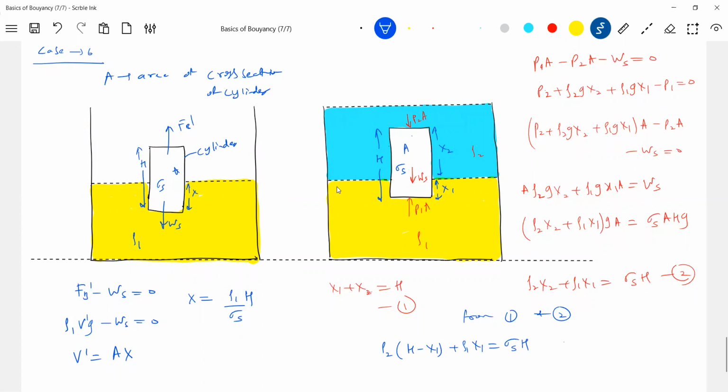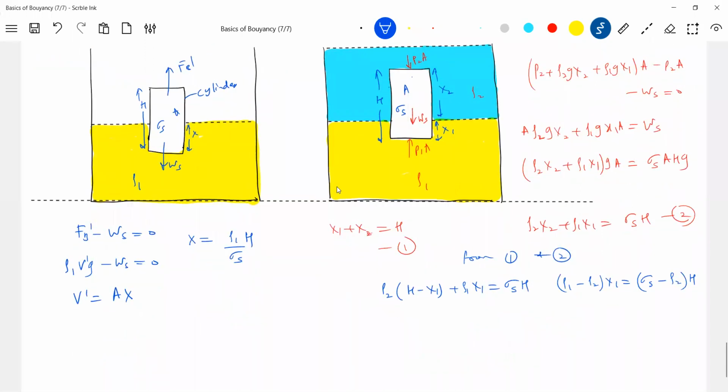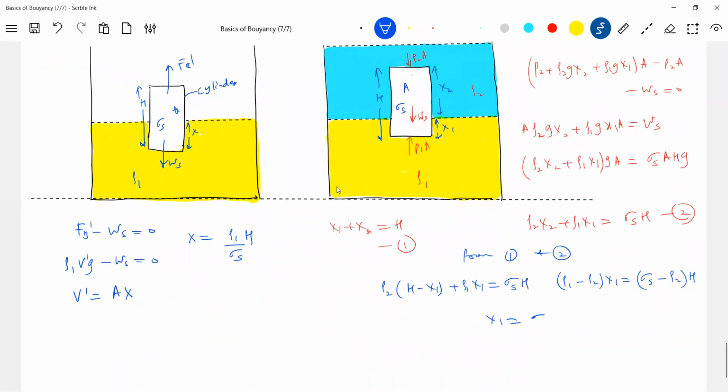So rho 1 minus rho 2 times x1 is equal to rho s minus rho 2 into h. Now look at x1. Will it be greater than x or less than x? Can we compare anything?